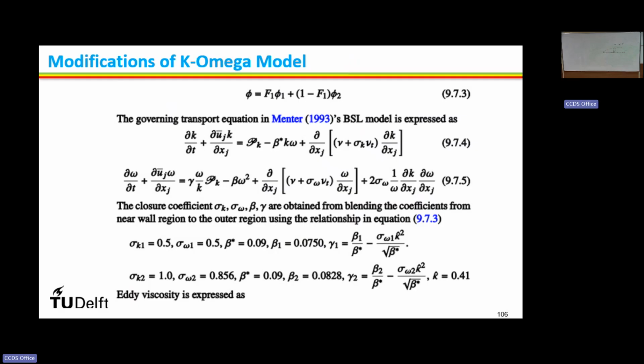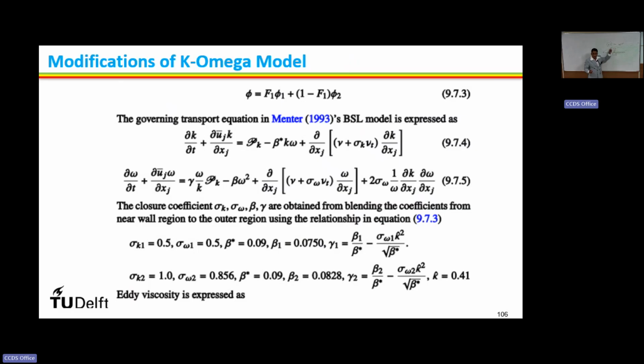The k epsilon model performs very well in the free stream region. It performs very badly in the near wall region because of the wall function and all those things. The k omega model performs very well near the wall. They perform poorly in the free stream condition.